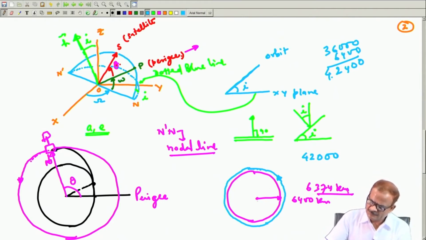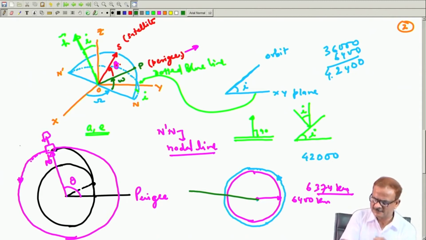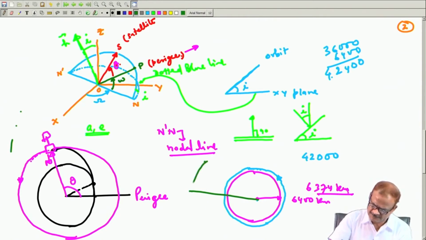From the center of the earth, the geostationary orbit is located quite far away. If we look to the scale, this will be far away. But let us say that this is your geostationary orbit.